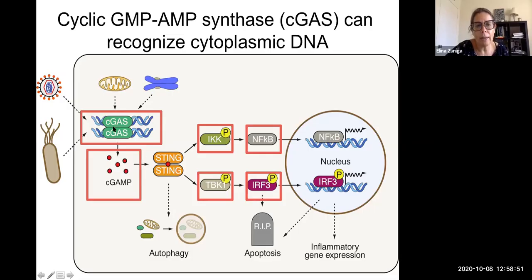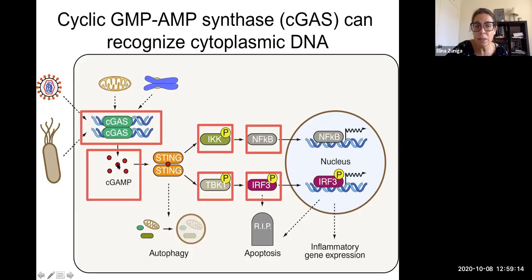And so, once DNA is bound by this enzyme, the enzyme will convert it into cGAMP intermediates, okay? So cyclic guanosine-adenosine monophosphate intermediates.